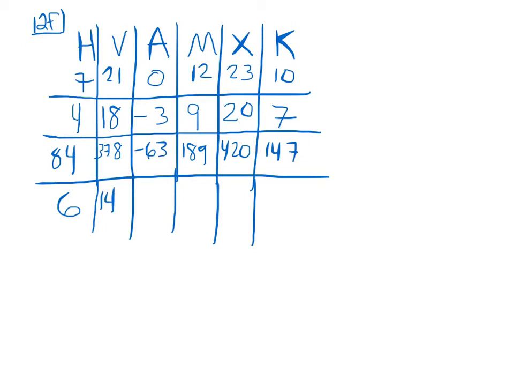Now negative 63 is too small, so I'm going to have to add 26 until I get a number between 0 and 25. And I get 15. And then 189 is too big, so I'm going to keep subtracting 26.